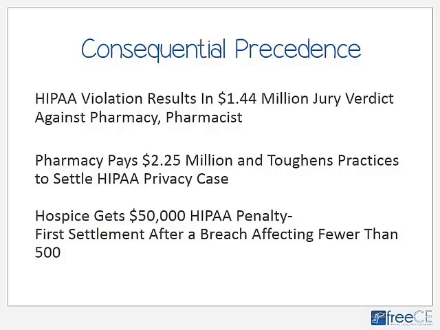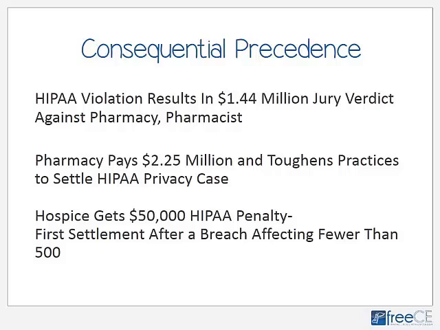That information included patients' names, addresses, dates of birth, social security numbers, diagnoses, medications, lab results, and other treatment information. OCR began its investigation after the hospice reported at the end of 2010 to Health and Human Services that an encrypted laptop computer had been stolen in June of 2010.